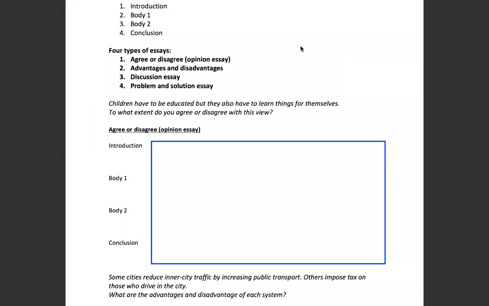What else can we include in our introduction for an essay like this? So we paraphrase the question. What else can we add to our introduction? Think about what it's asking you. Give your opinion, great.